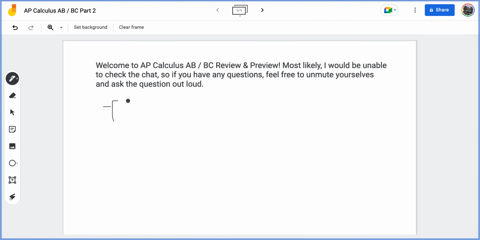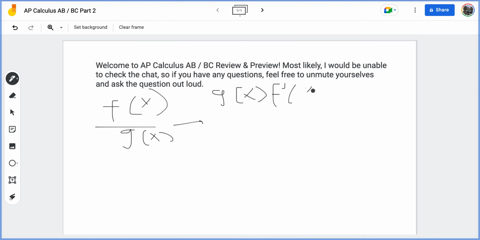If you have f of x over g of x, it's going to be g of x times f prime of x minus f of x times g prime of x, all over g of x squared.